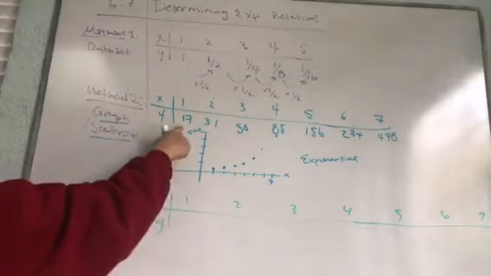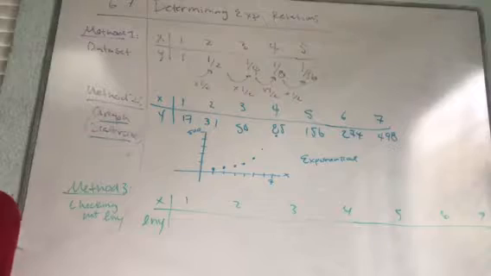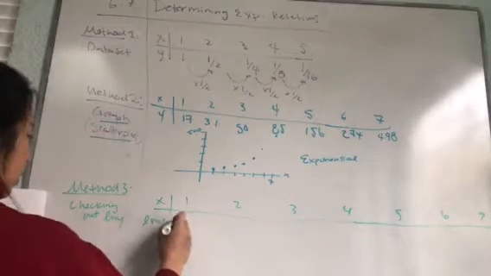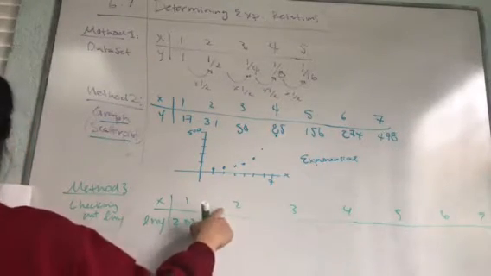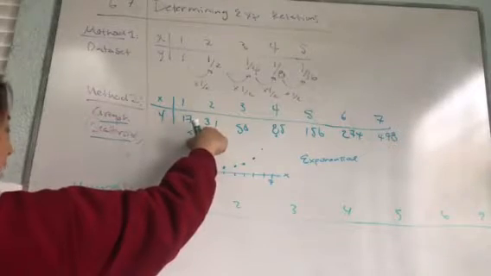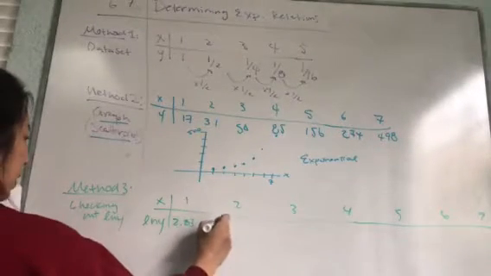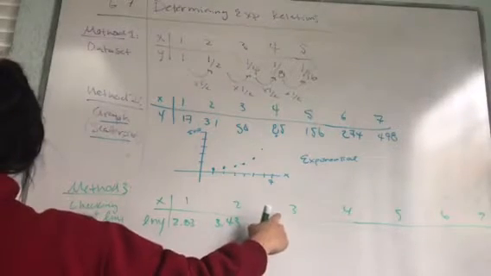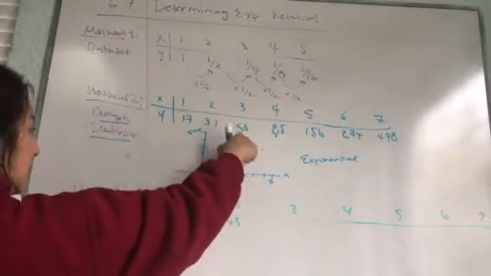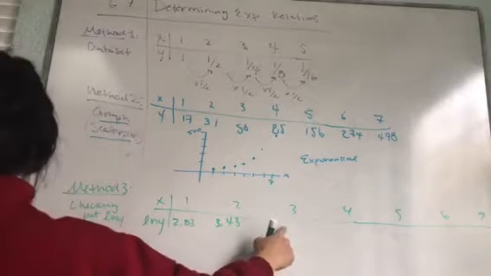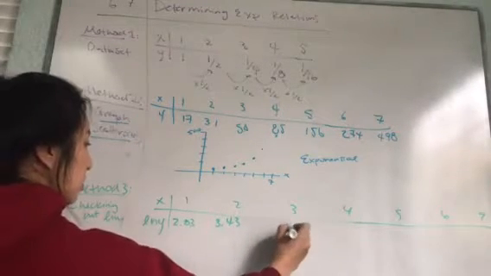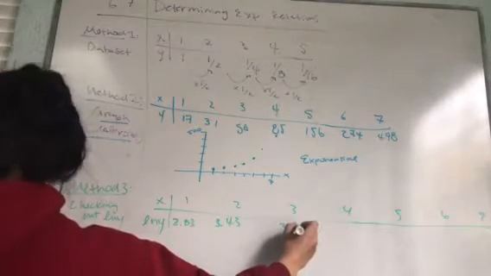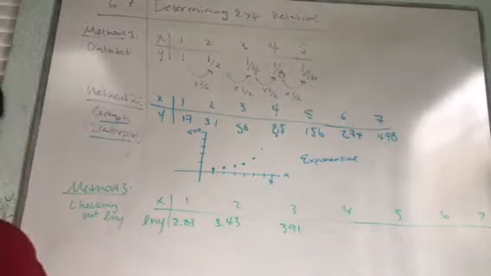What we're going to do is go to a calculator and plug in ln of 17, and you get 2.83. If you plug in ln of 31, you get 3.43. ln of 50 becomes 3.91, or 3.912.